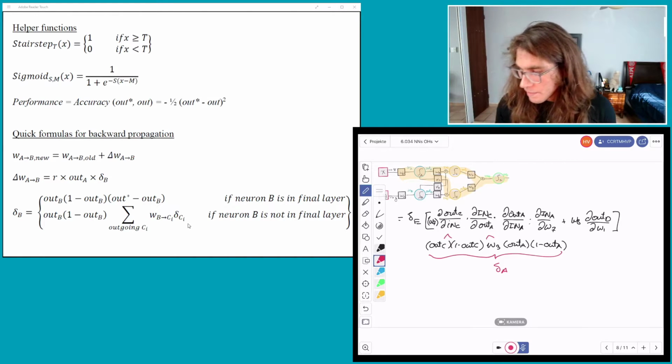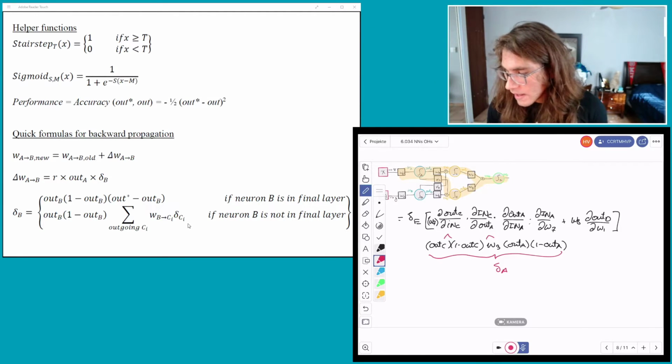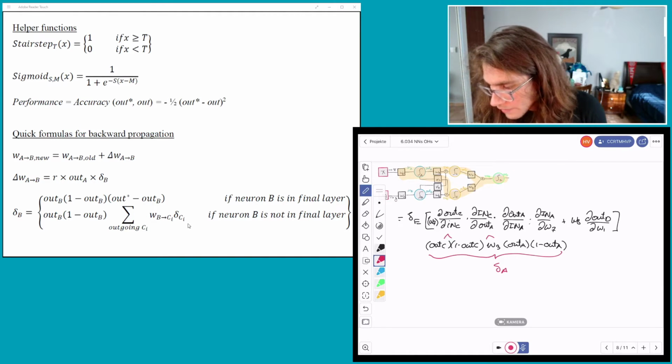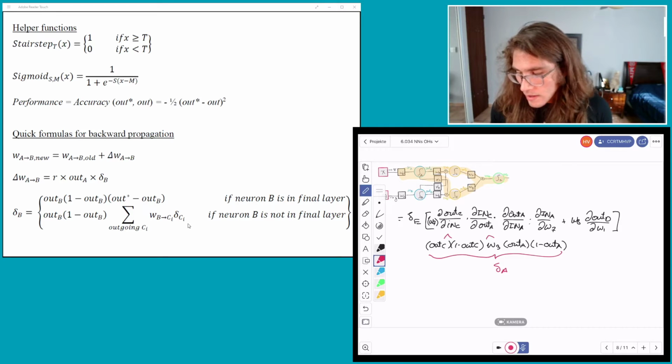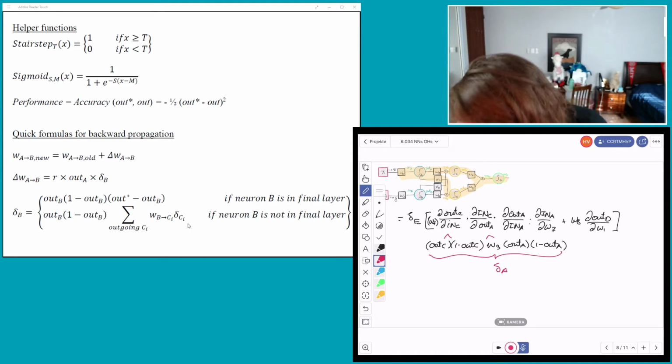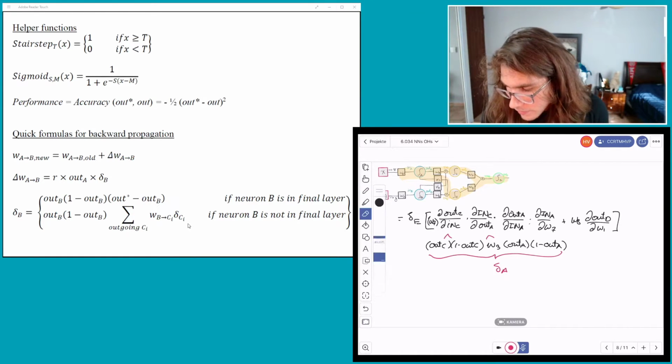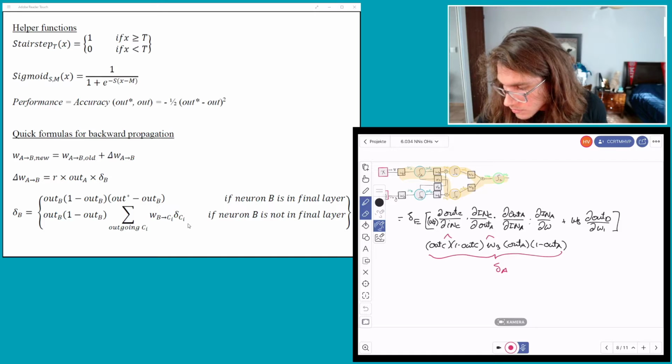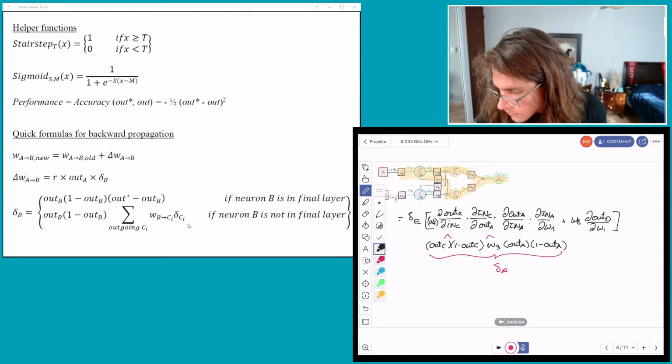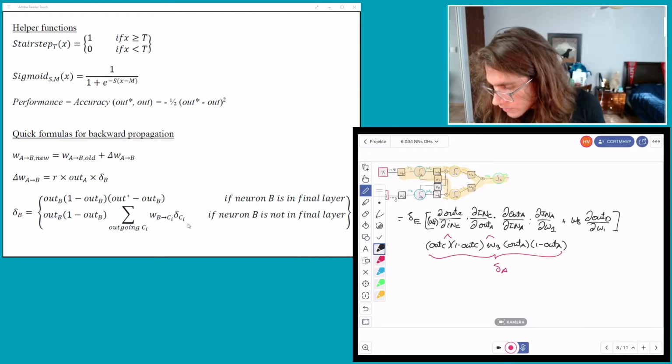And then finally, we have in A, the partial derivative of in A with respect to W7, which is in A is just W7, or not W7, W1. Sorry about that. W1, and that is just X.